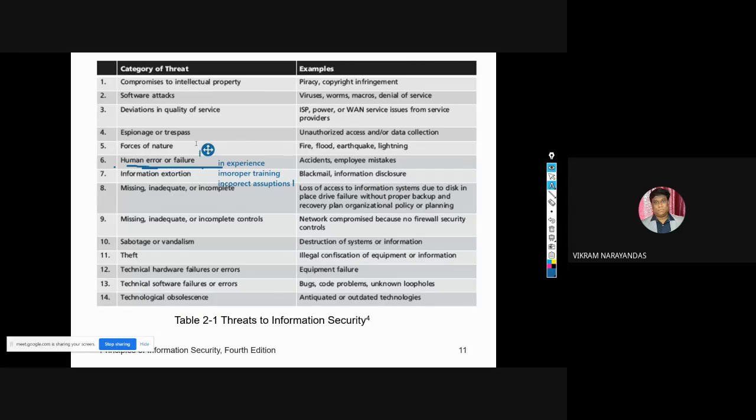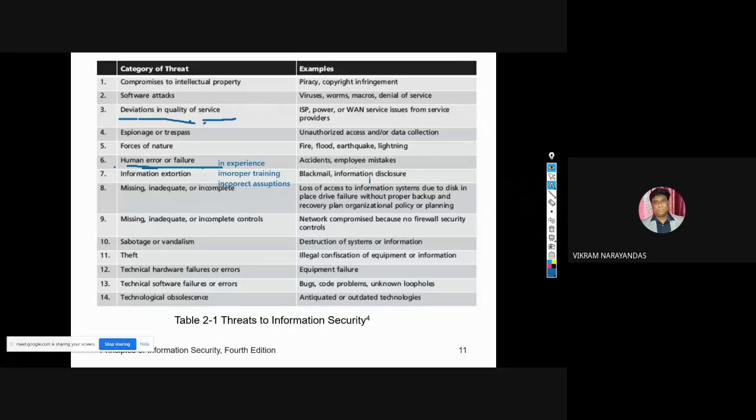Coming to deviations in the quality of service. Potential deviations in quality of service are generally by the service providers. So who are the service providers? Can anyone give examples?